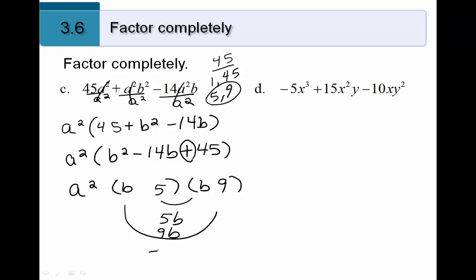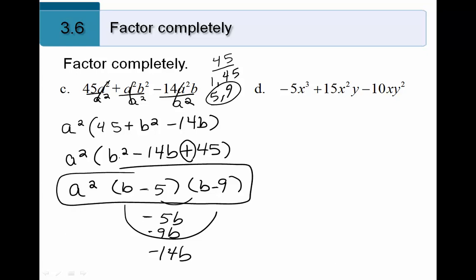We're looking for negative 14b, so they would both have to be negative. I'm not going to rewrite that again because I don't have any room at the bottom, so this is your answer right here: a squared multiplied by b minus 5 multiplied by b minus 9.